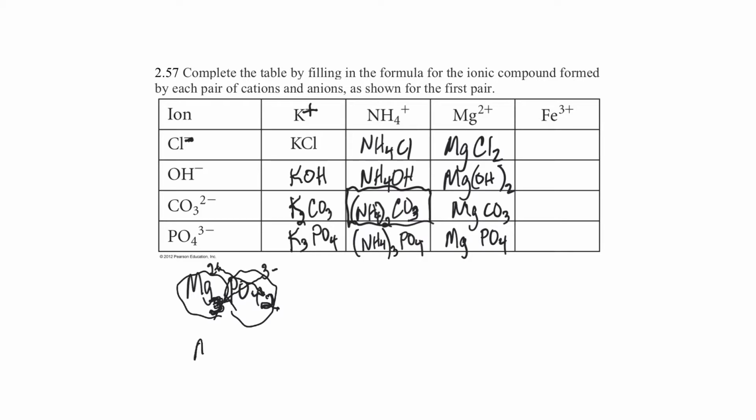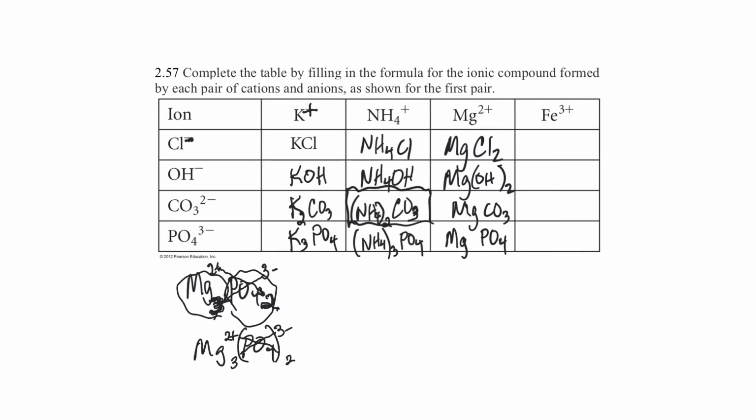Let me do it again. Mg 2 plus, PO4 3 minus. This becomes 3. This becomes 2. Here's a problem. It's not just the oxygen that becomes 2. It's the entire phosphate. All of it is doubled.